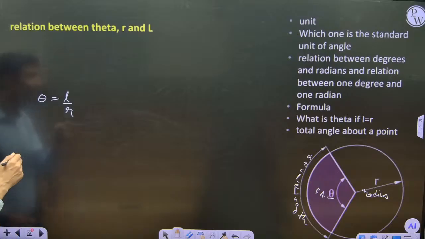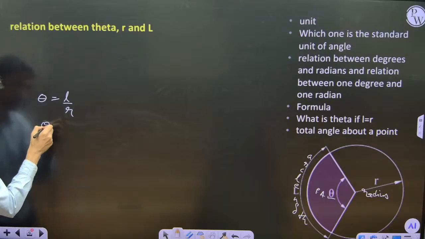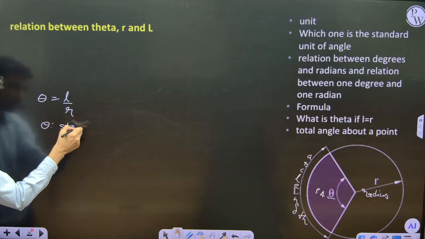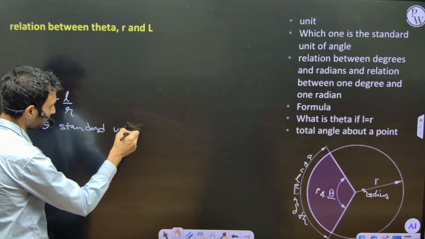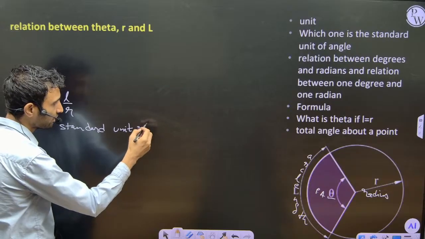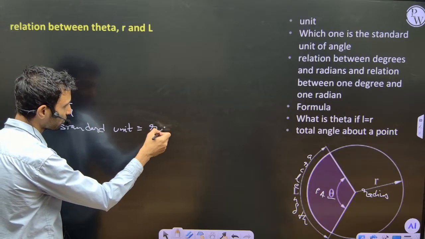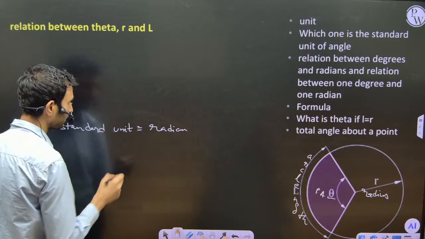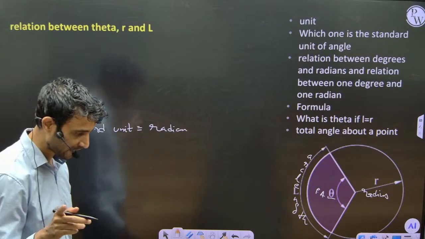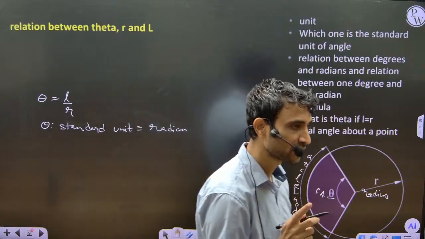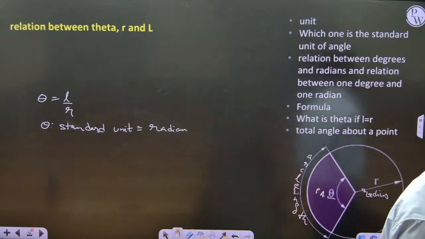Now, which is the standard unit of angle? Standard unit. Standard unit is, as I already alluded to, radian and not degrees, right? So don't come up with degree, because I know you kids are accustomed to using degrees in your junior classes.